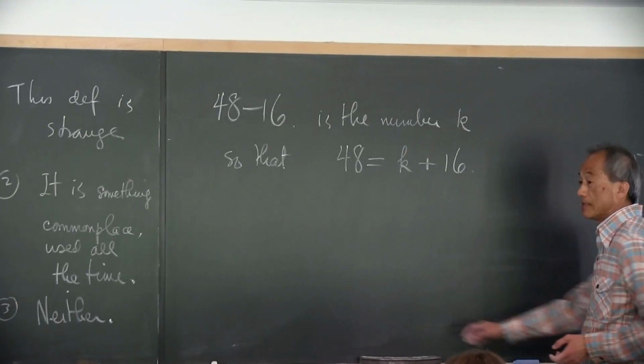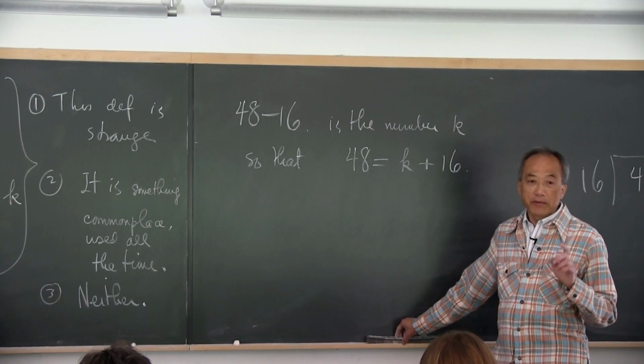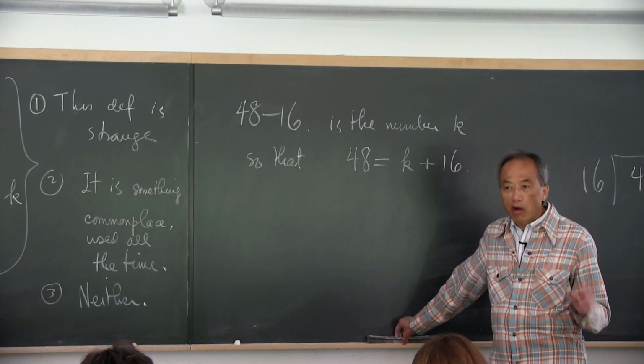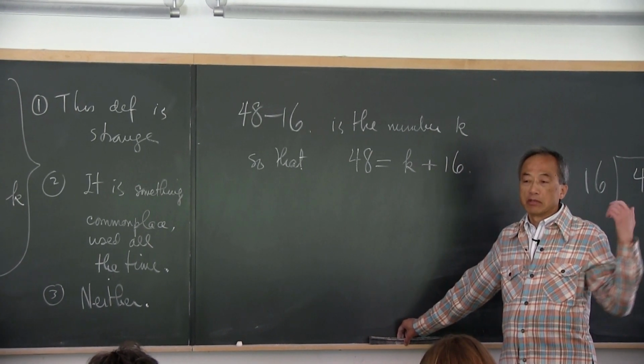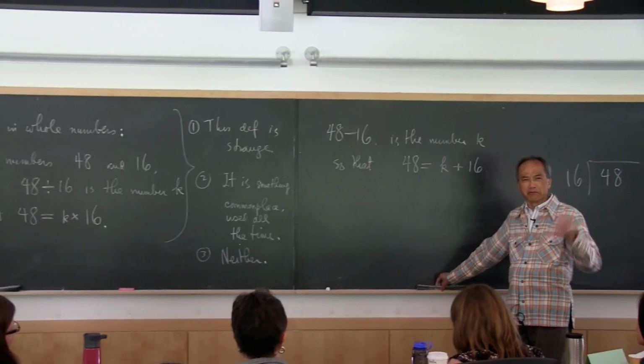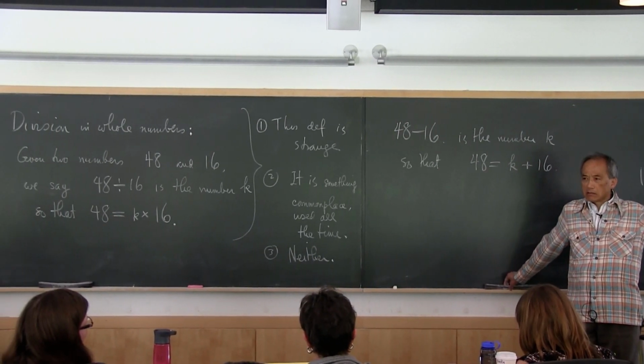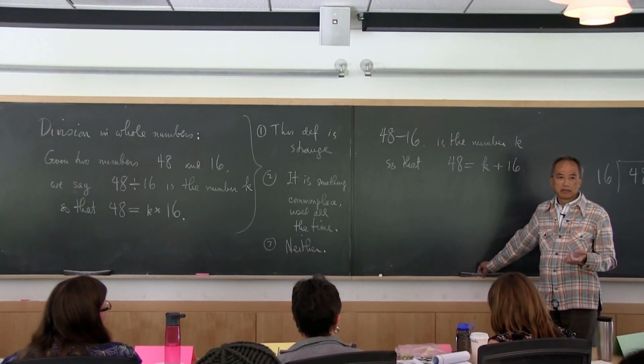That is commonplace. You may not be aware of it, but this is your working hypothesis about what division is. Because in everyday life, you don't think about equal groups. You just say, divide and get it over with. Right?